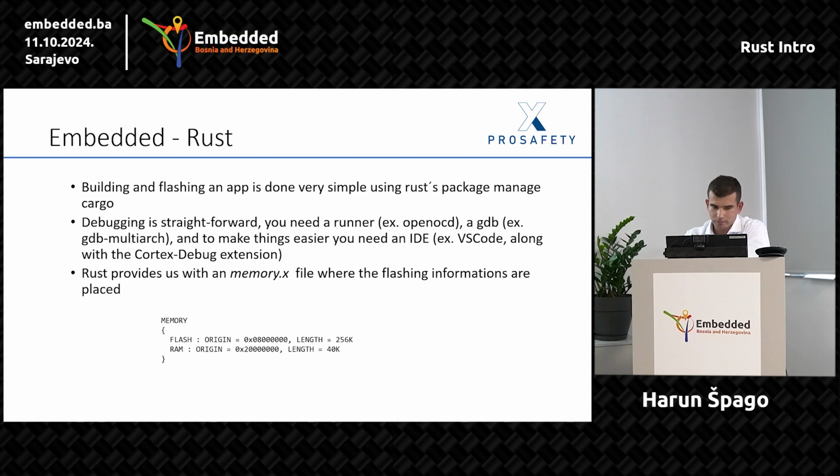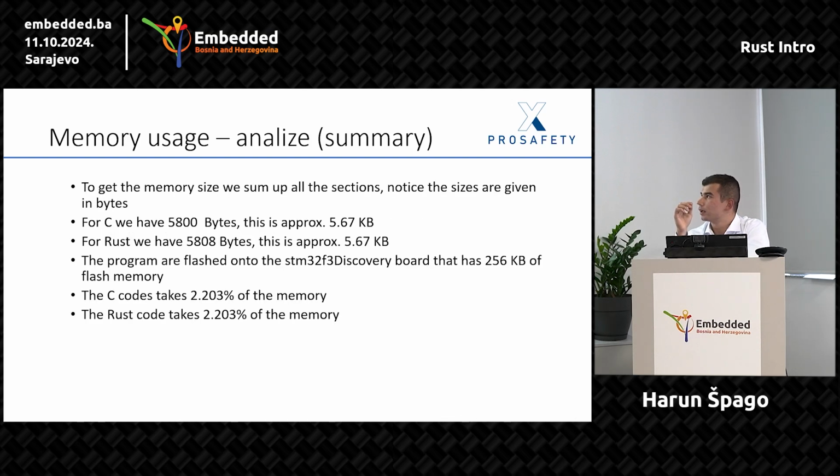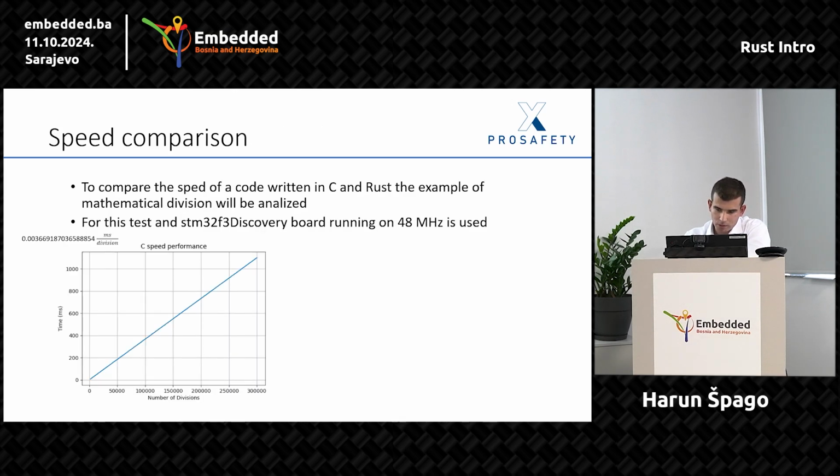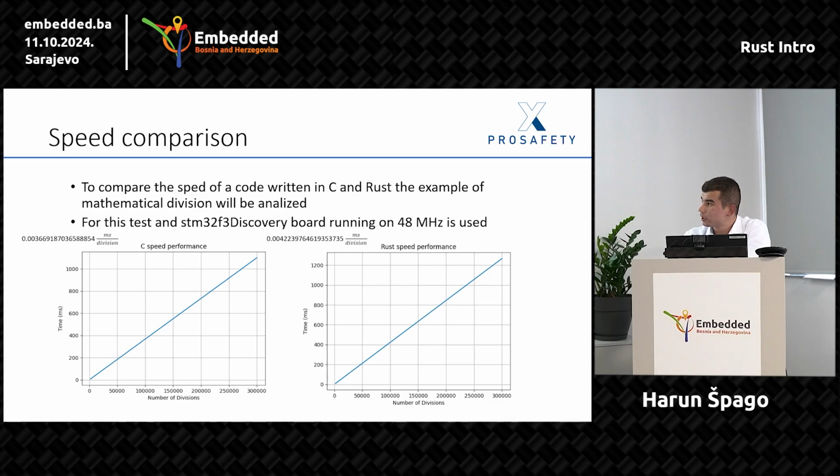I have done a comparison between a Blinky program written in C and a Blinky program written in Rust, and the memory consumption was pretty much the same. I have also done a speed comparison between a C program and a Rust program.